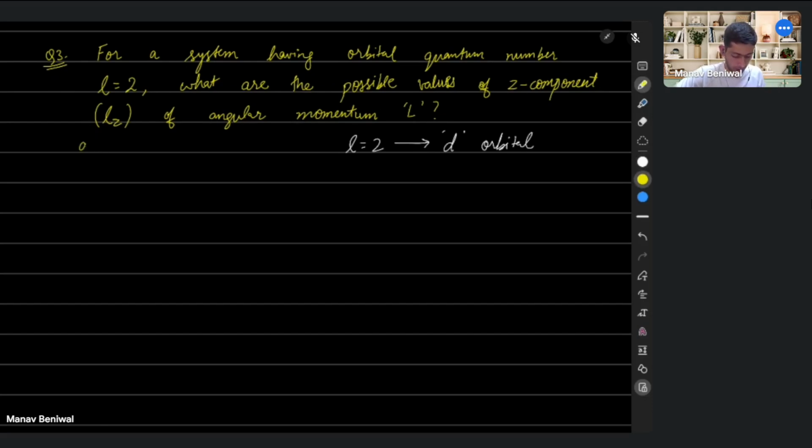Now we are asked to write its z component, and our options are: plus 2 h cut, minus h cut, plus 2 h cut, minus 2 h cut; plus 2 h cut, 0, minus h cut, minus 2 h cut; plus 2 h cut, 0, minus 2 h cut.